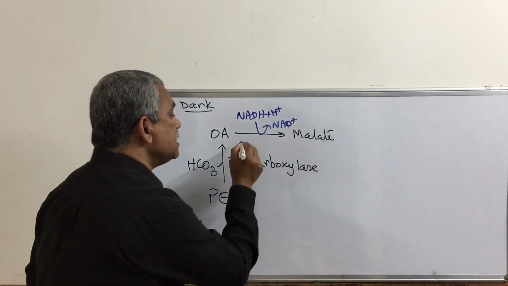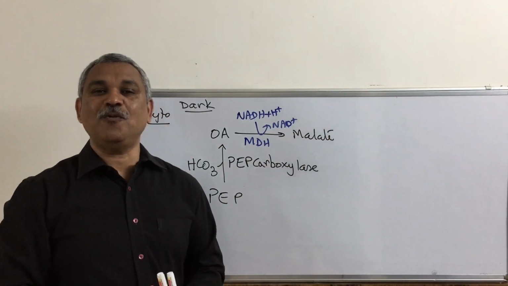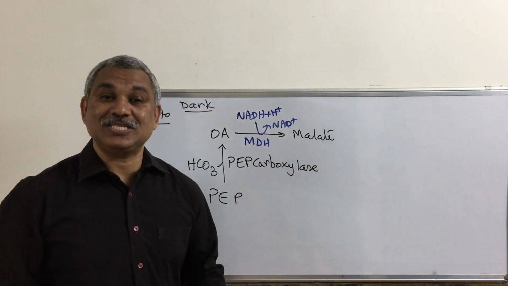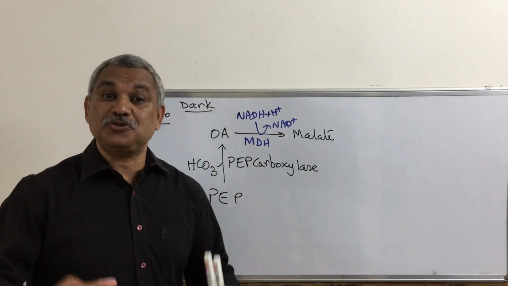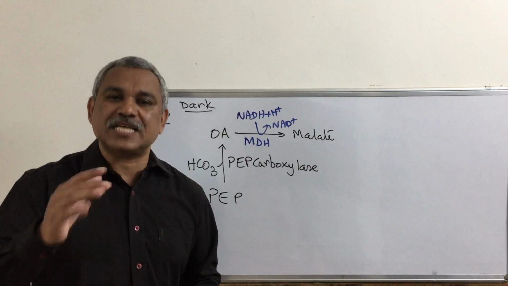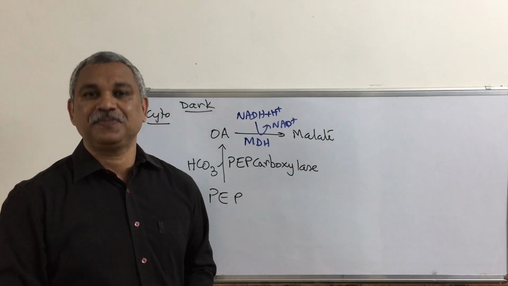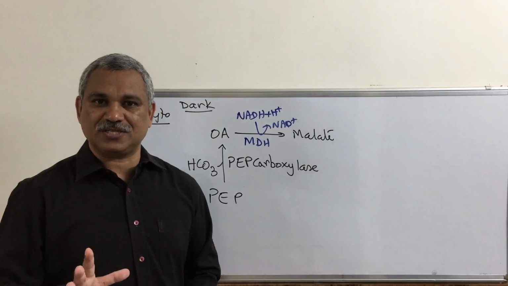So, catalyzed by the enzyme malate dehydrogenase, malate is formed, and the malate is transferred to a typical cell organelle found especially in CAM plants, and that is the vacuole.